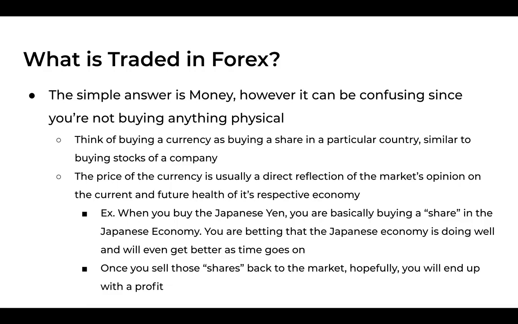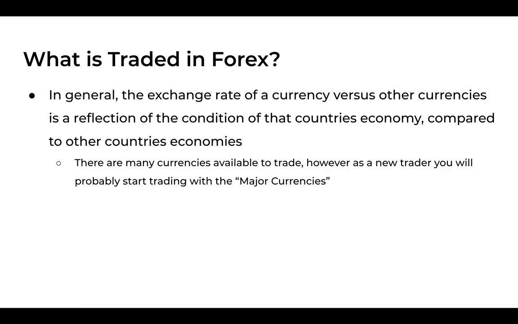Once you sell those shares back to the market, hopefully you're going to end up with a profit instead of a loss, which we'll talk about more later on, how to actually make money instead of lose money in the Forex market. So in general, the exchange rate of a currency versus other currencies is a reflection of the condition of that country's economy compared to the other countries' economies.